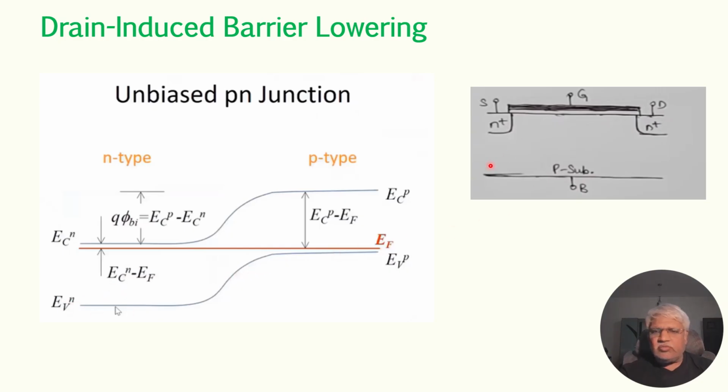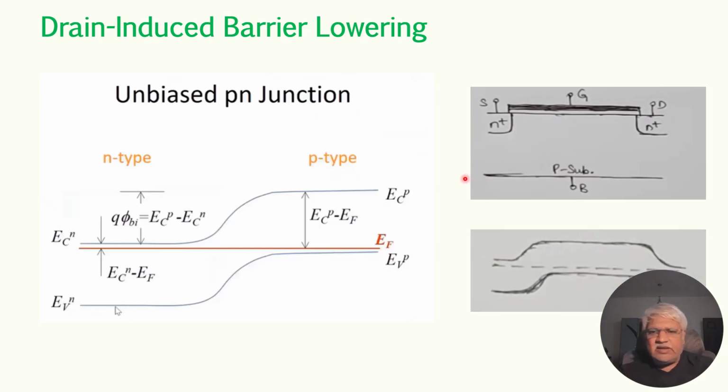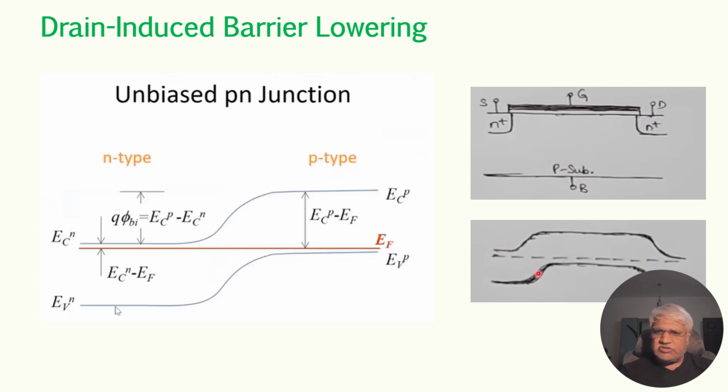Now we will study the other situation: what would be the levels in a long channel NMOS transistor. If you observe, the Fermi level is constant because this is at the moment unbiased, and this is the same as this level.